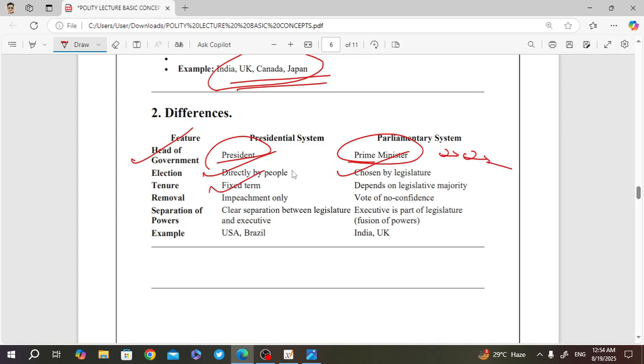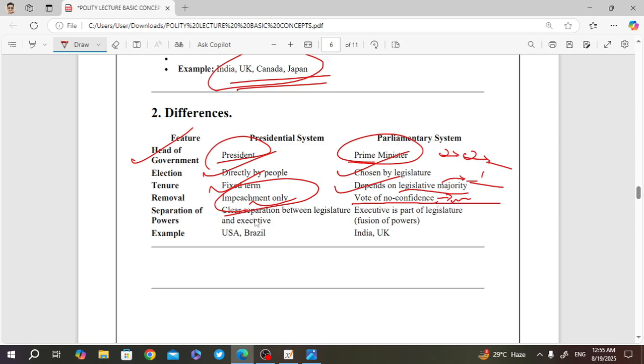Tenure is not fixed because it depends upon the legislative majority. As long as you enjoy the majority, your system is stable. Otherwise, you will be rejected. Removal in the presidential system is only by the impeachment process, but here it is a vote of no confidence. As long as you lose the confidence of the motion, then you will be removed.